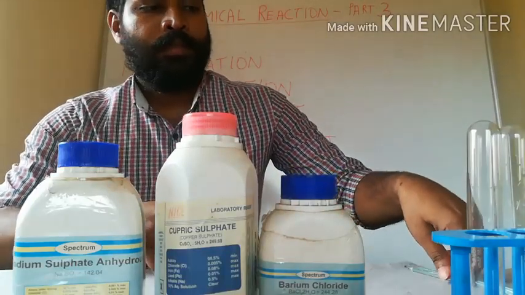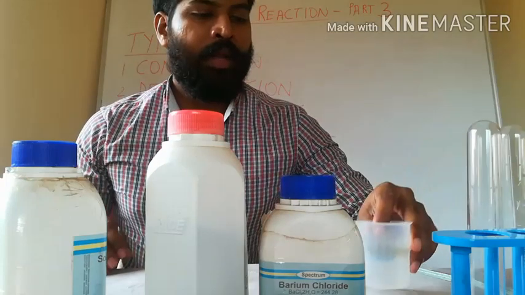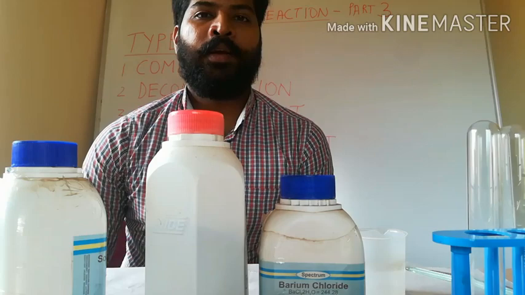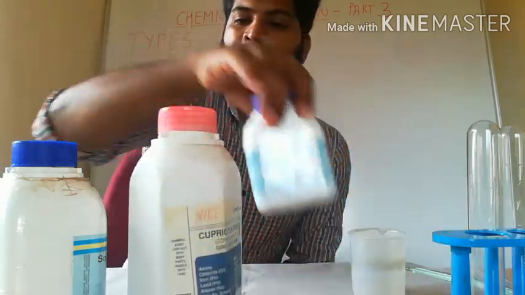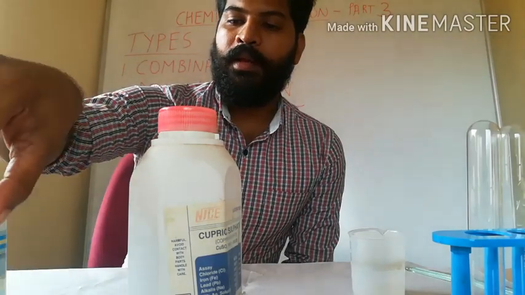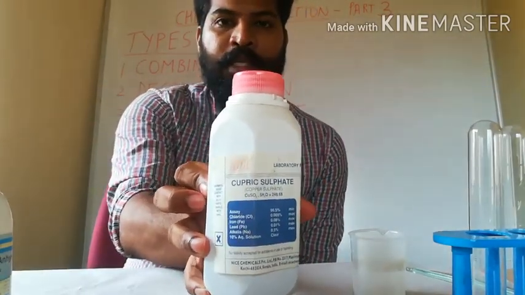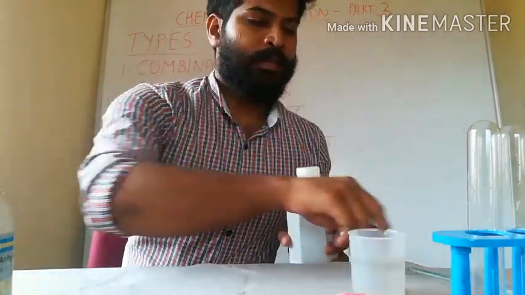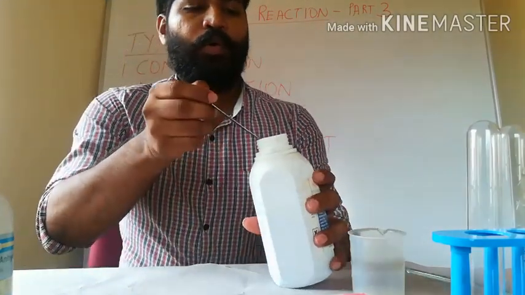Welcome back, students. In displacement reaction, as you know, a more reactive element will displace a less reactive element from its solution. So for this experiment, we will be taking copper sulfate, that is CuSO4. So let us open it up, and using a spatula, we are not going to weigh it.